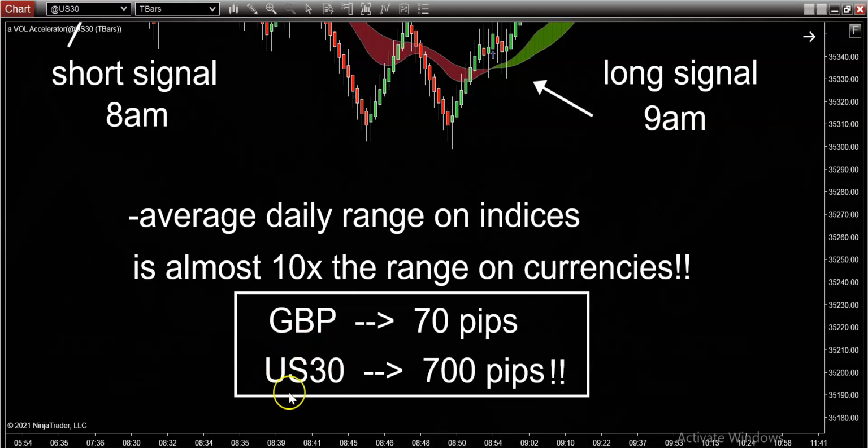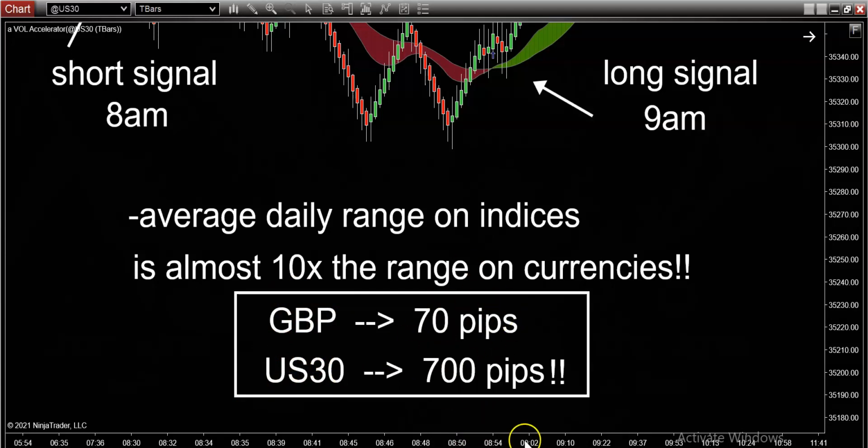Now, contrast the average daily range of the GBP to the US 30, which you can see here is averaging just about 700 pips a day. If it was you, and all things being equal, you had two symbols to choose from and had to make a decision every trading day, do I want to trade GBP or do I want to trade US 30 or some of the other Forex indices?